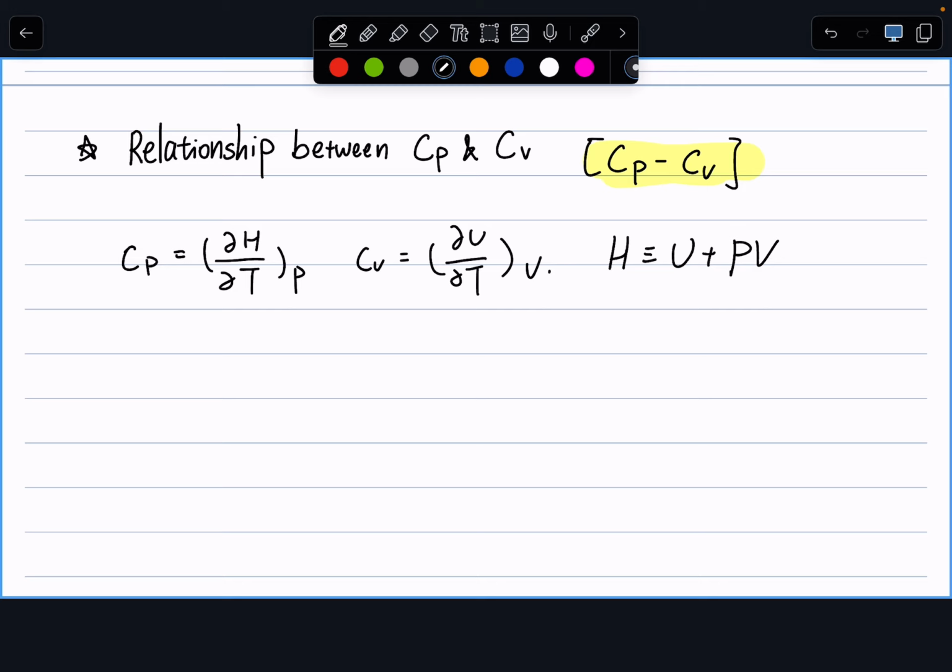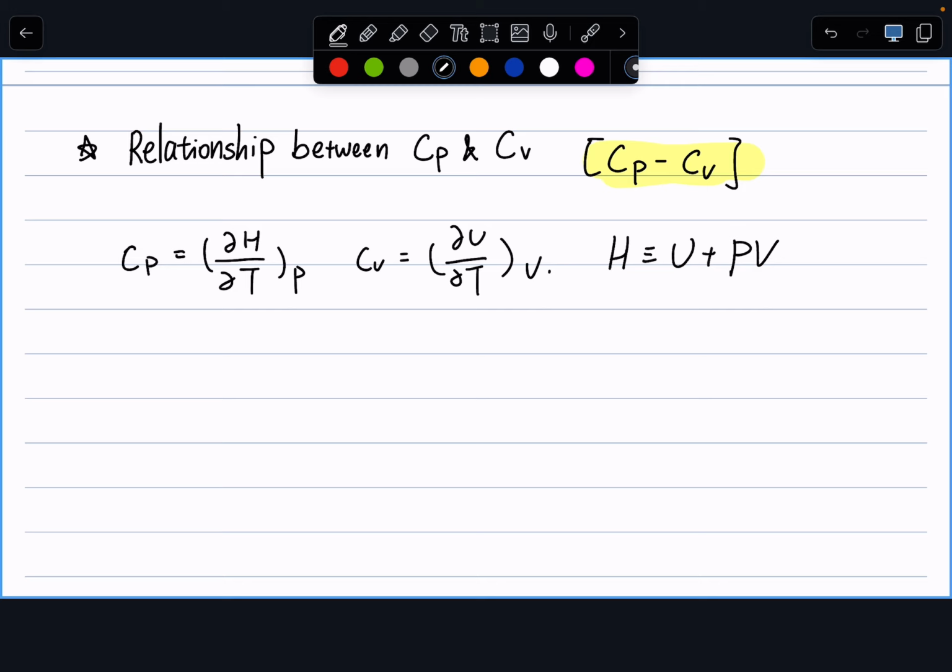Then we have this expression: Cp minus Cv equals the partial derivative of U over T at constant P, plus pressure times dV over dT at constant P, minus dU over dT at constant V. We get this first expression by simply writing out the definitions of terms and what we know, the expressions of Cp and Cv.